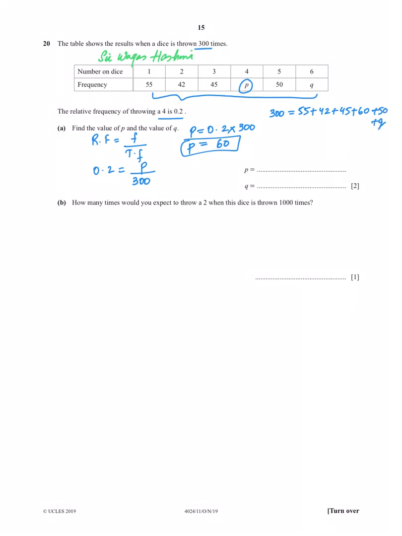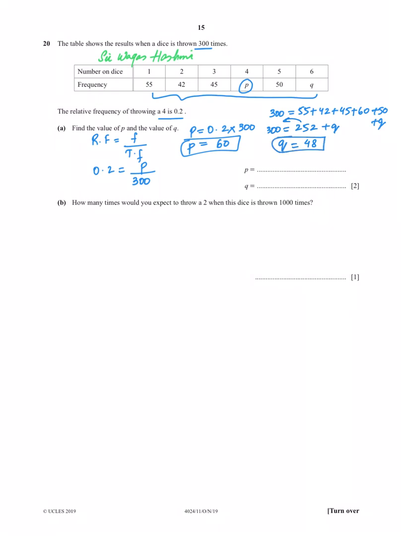You can easily solve for q here. 55 plus 42 gives you 97. 97 plus 45 is 142. 142 plus 60 gives you 202, and 202 plus 50 is 252. So 300 equals 252 plus q. Now you need to shift 252 to the right side, so 300 minus 252 gives you the value of q, which equals 48.